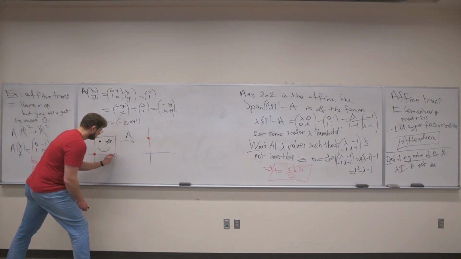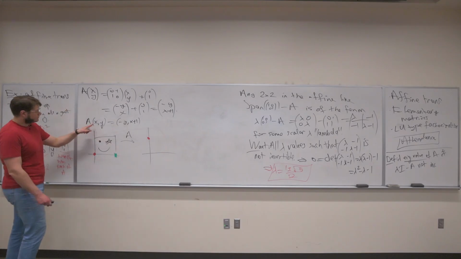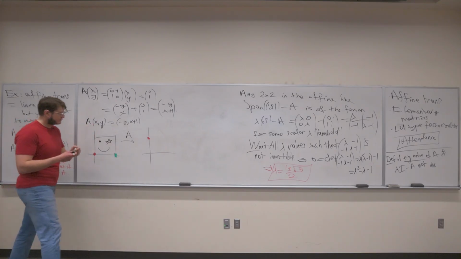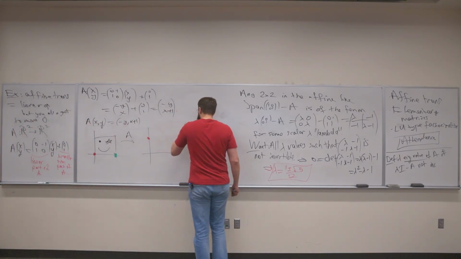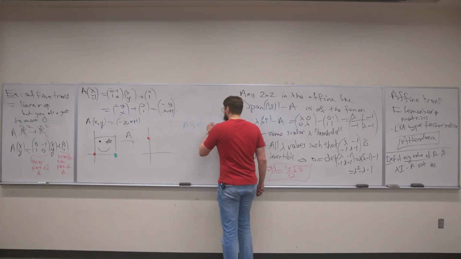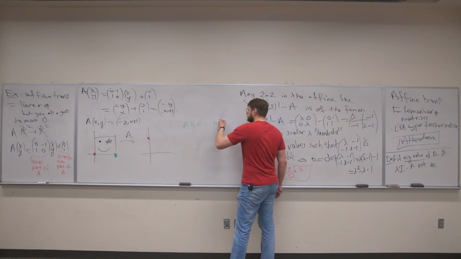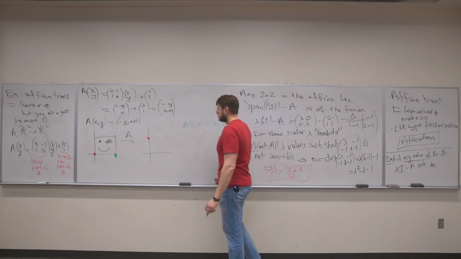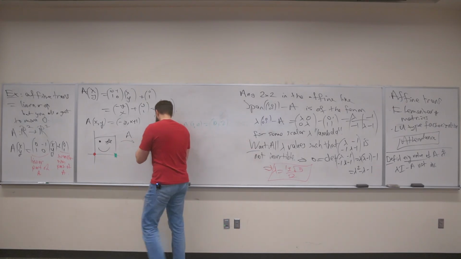Let's use a green box. If I were to plug in (1, 0), let's do this by hand perhaps. A of (1, 0) goes to, so y is 0, (0, 2). So this box goes to this point.